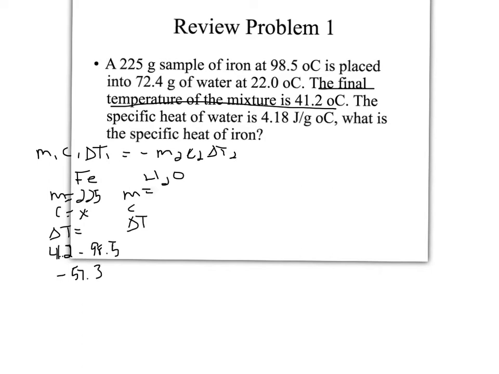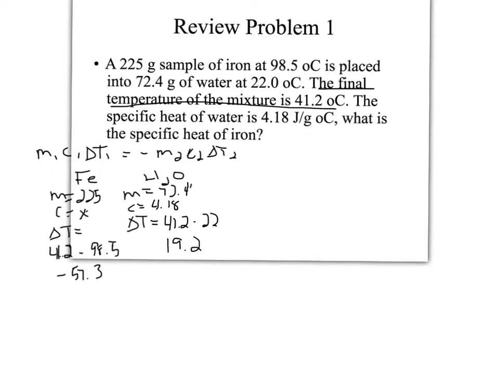For water, our mass is 72.4. Specific heat of water is 4.18. Temperature change of water, again, you're using that final of the mixture as the final of water and metal. And then we subtract the initial temperature of the mixture, so we get a temperature change of positive 19.2 degrees Celsius.